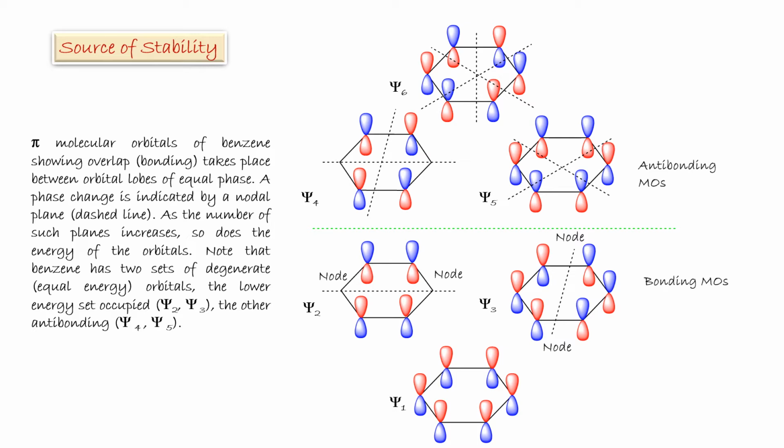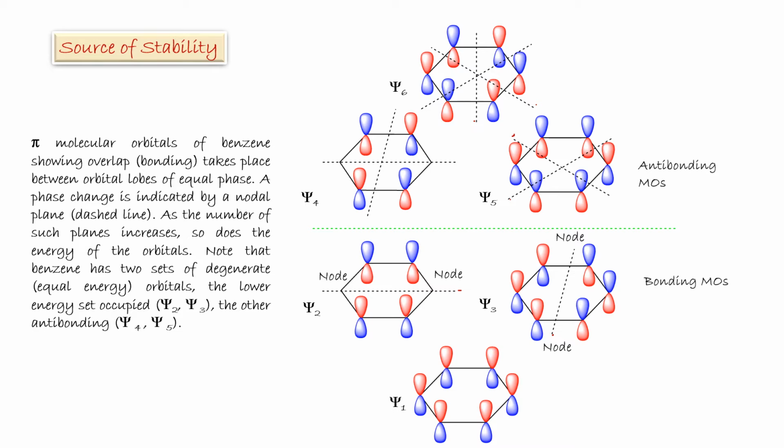A phase change is indicated by a nodal plane, dashed line. As the number of such planes increases, so does the energy of the orbital. As you can see here, here is one node, here is one node, here is two nodes, here is three nodes, which means that as we increase the number of nodes, we get increased energy.